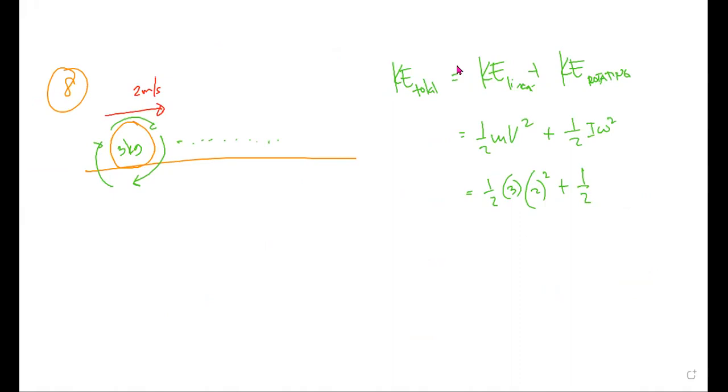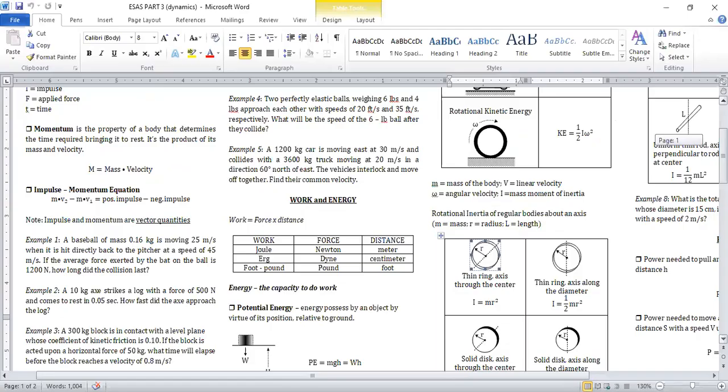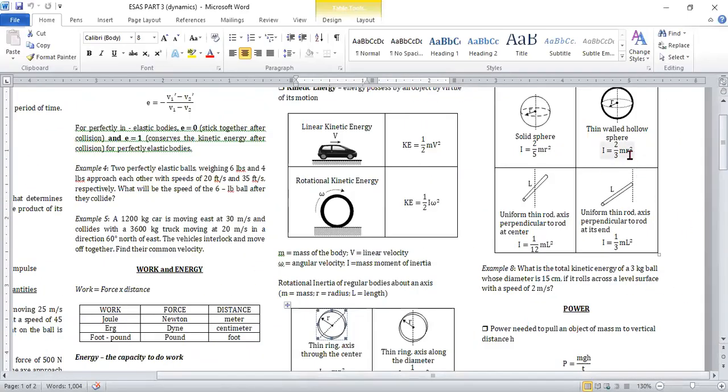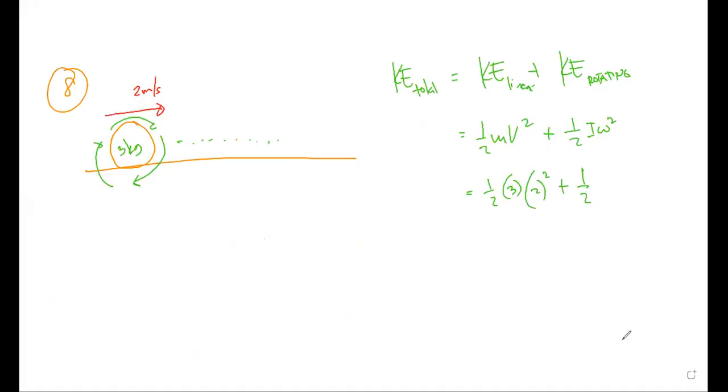For the mass moment of inertia, that's 2/3 mr square, let me check. So this would be 1/2 times 2/3 of mr square, multiplied by omega square.